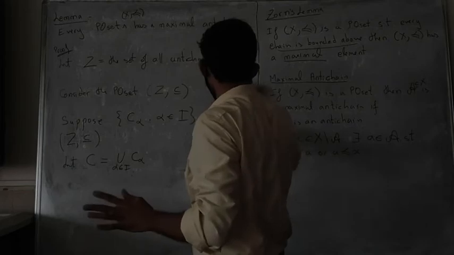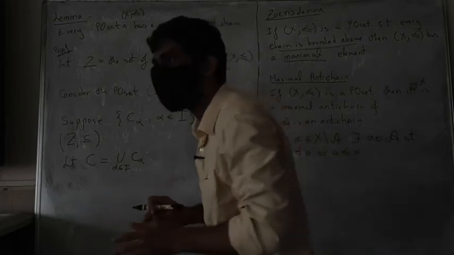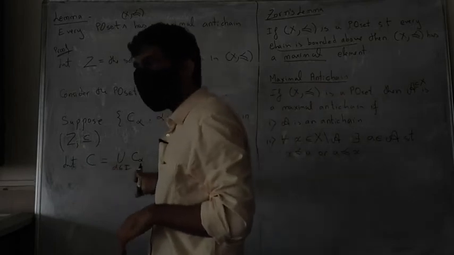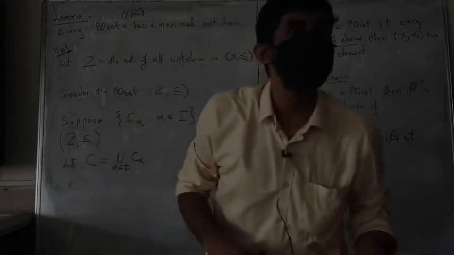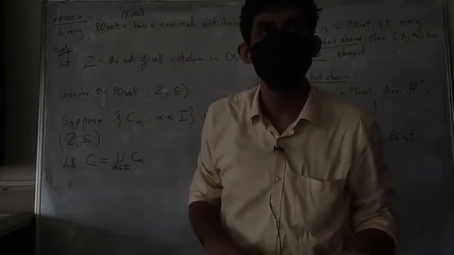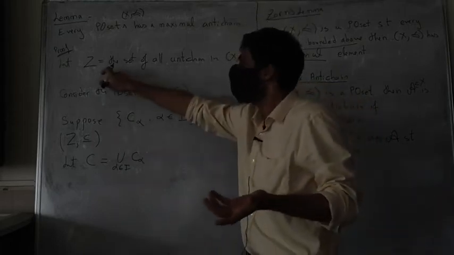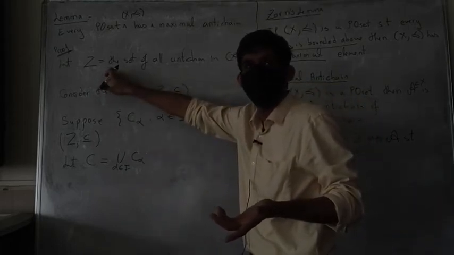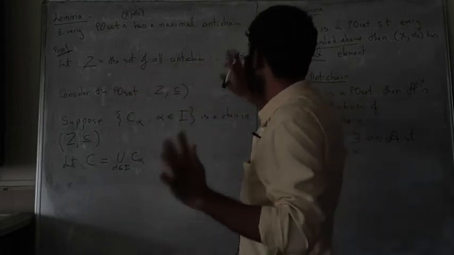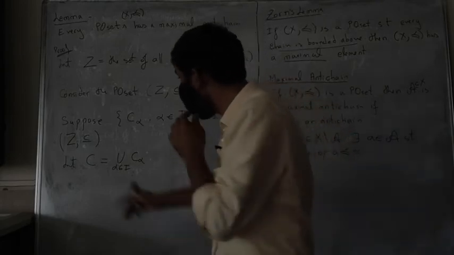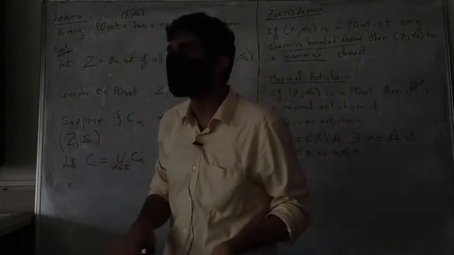So this will always take place. But to say that it's an upper bound, I actually need to say that C is in Z. What does it mean to say that C is in Z? What is Z? Set of all anti-chains in X with less than. So I need to say that C is an anti-chain.